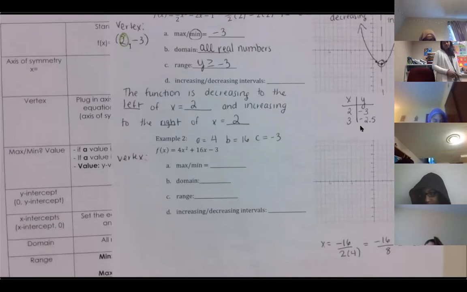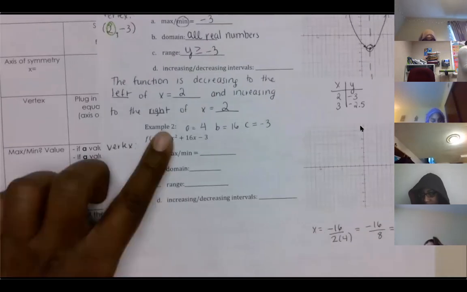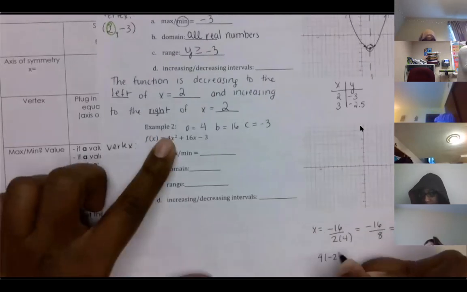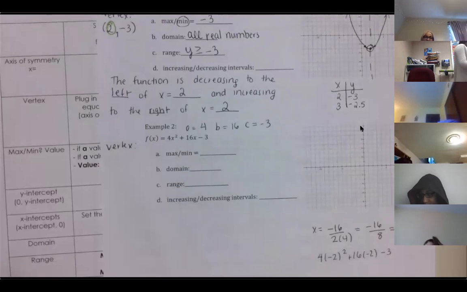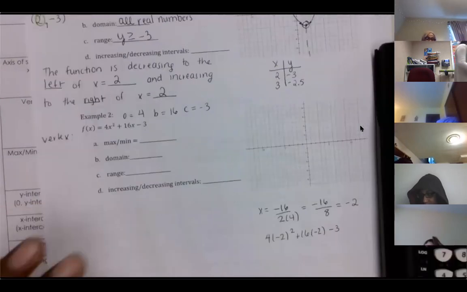Ida, what do I do now that I have that -2? You'd plug it in for the x's. So it's going to be 4 times -2 squared plus 16 times -2 minus 3. Take out your calculator.